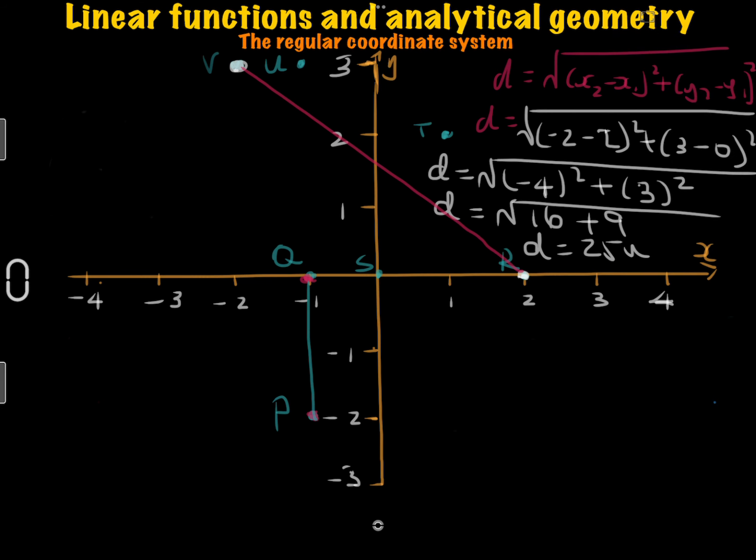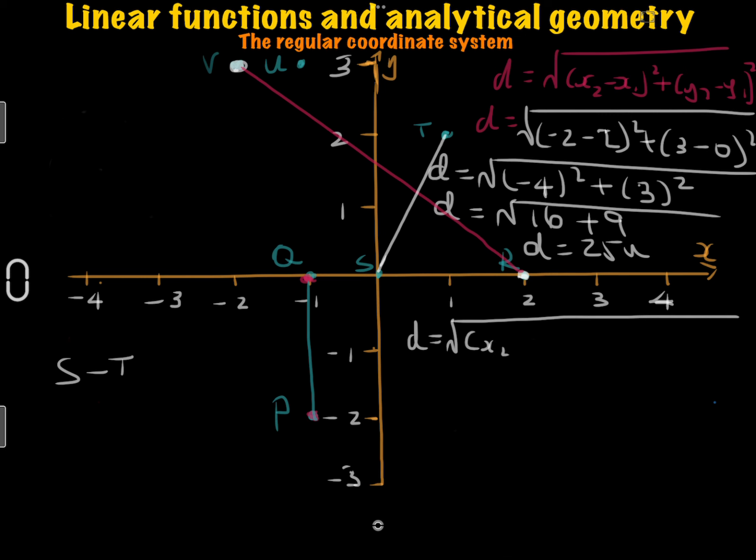So now we are looking at a distance from S to T. Using the same application of the distance formula, we say D is equal to the square root of (x2 minus x1) squared plus (y2 minus y1) squared.